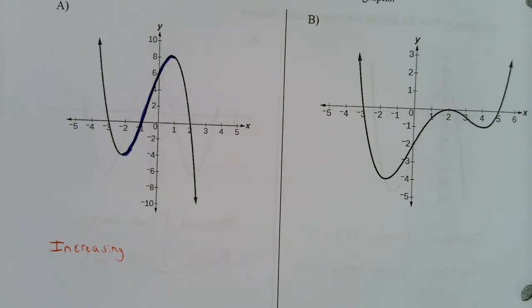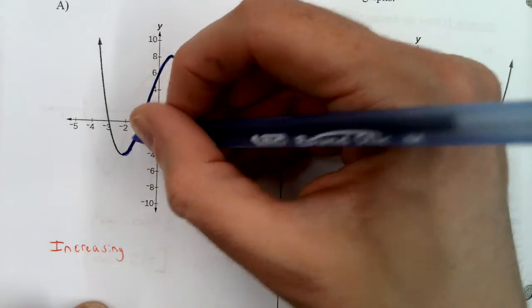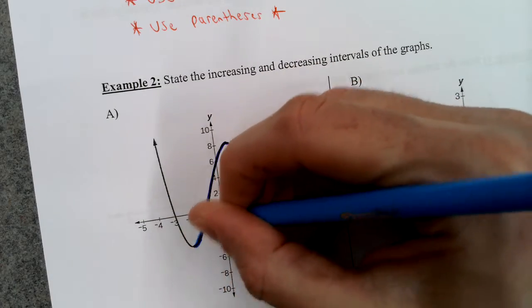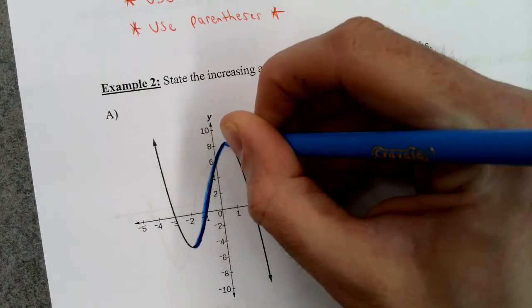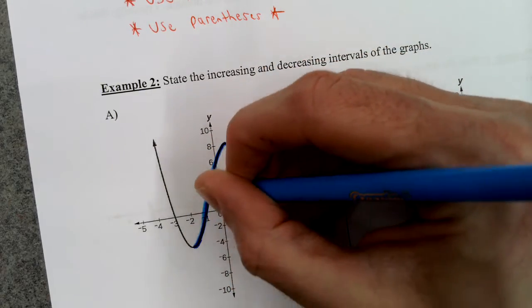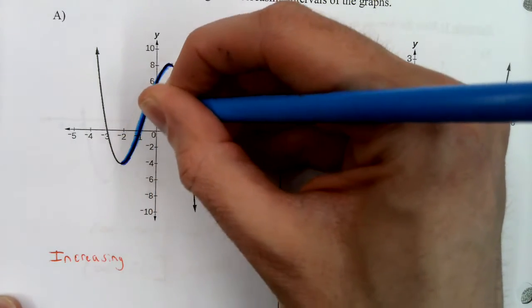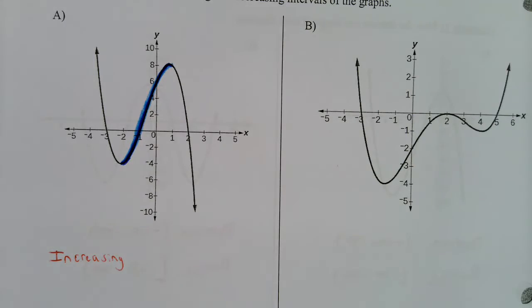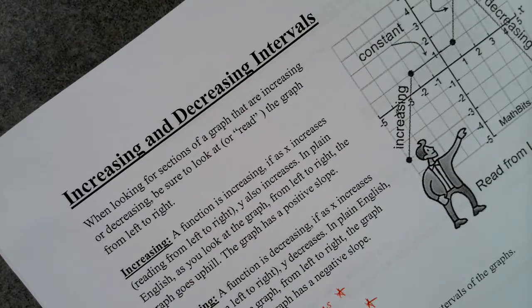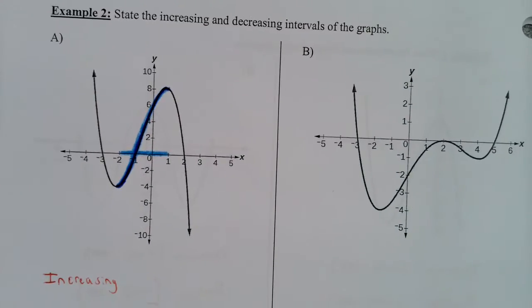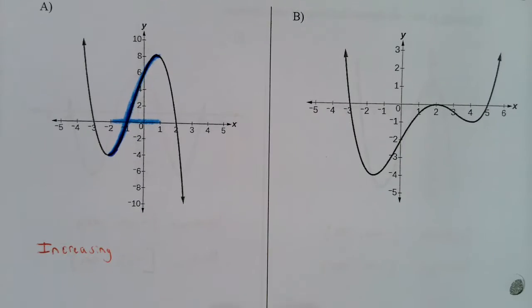Maybe I should use colored pencils instead. Let's see if you can see the colored pencils better. I don't know if you can see that very well on the video, but this is where it's increasing. So let me color in the x values that correspond to that. Should be right there. So -2 up to 1.